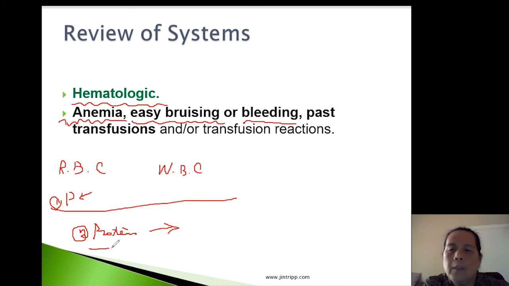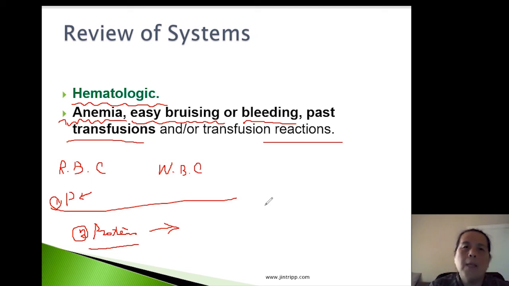That's still in the blood circulation, located in the blood plasma part. And also, the patient may have had a blood transfusion before and maybe had some reaction to the transfusion. So we just ask some questions relating to the blood.